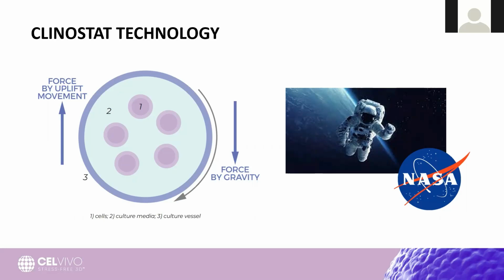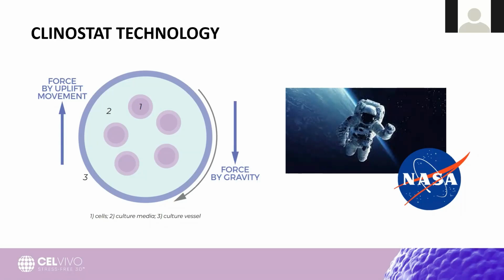And the benefit of this is that the cells that you see here in the middle, denoted 1, they're in suspension. And then by slowly balancing the rotation, these cells are actually going to experience that they are standing still, or they're in a static orbit.